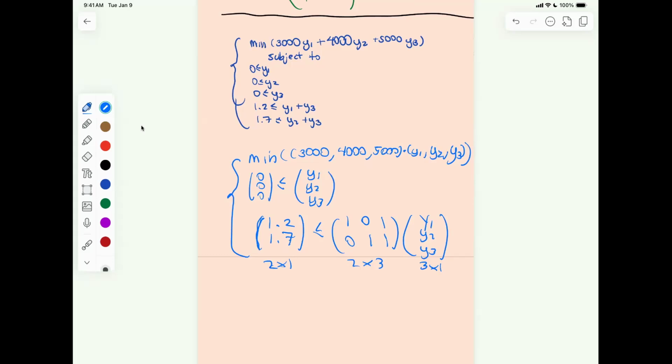Okay, so where is the cool thing? The cool thing is that these things are actually related to the stuff that we found before. So let's go back to the original problem. What is 3,000, 4,000, 5,000 in the original problem?